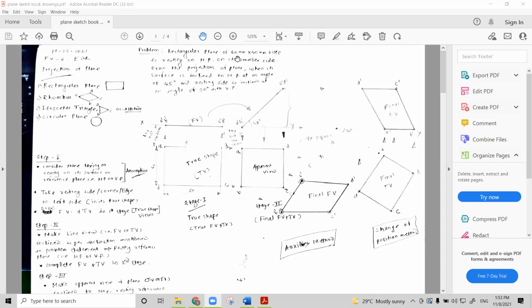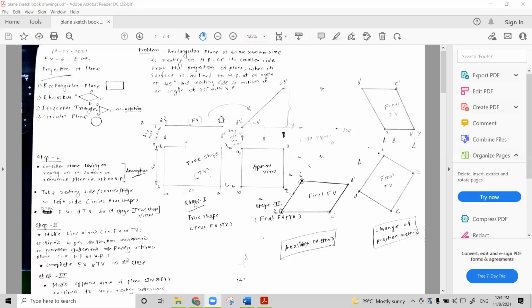A rectangular plane of 60 millimeter by 40 millimeter size is resting on HP on its smaller side. Draw the projections of the plane when its surface is inclined to HP at an angle of 45 degree, and the resting side is inclined at an angle of 30 degree with VP.